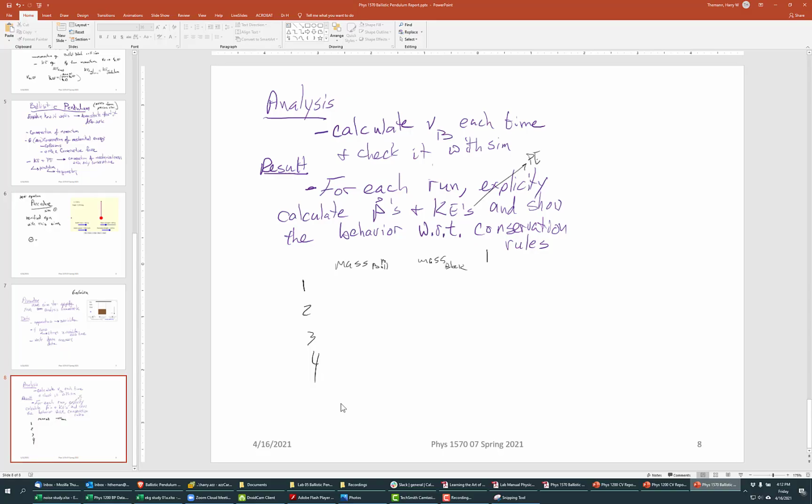And let's see, we get the height. So then this is measured height. So then we can have the V predicted by our model, by your equation.